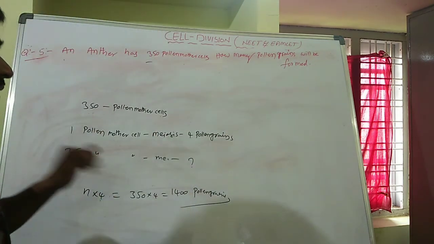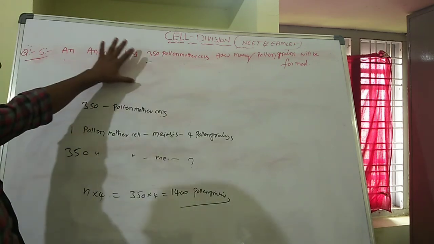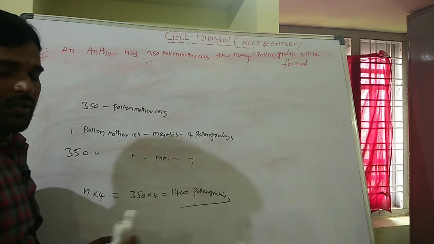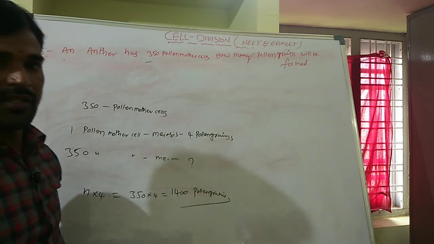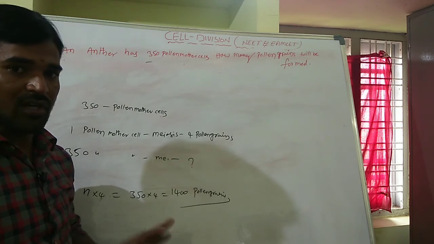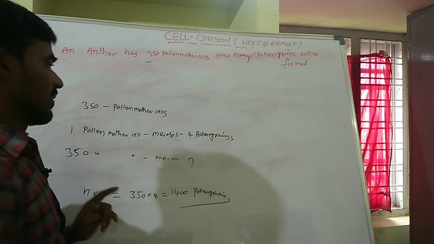So for this, we have to keep in mind one thing. This is a gamete formation process. In any gamete formation, the division is meiosis. That is why 4 daughter cells will be formed from the single cell. So this is the process.